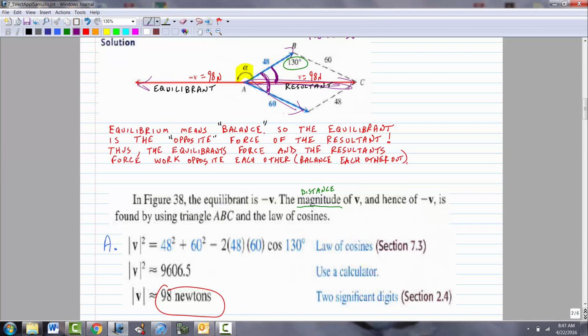That's the mistake I covered about number 55 in section 7.4 that 90% of us made. So you can see the law of cosines with 130 in there, and then you get 98 newtons for the resultant. So if the resultant is 98 newtons, then so is the equilibrant. Not a big deal.